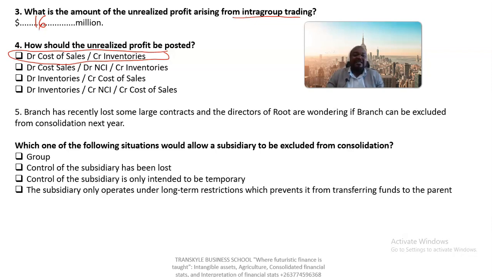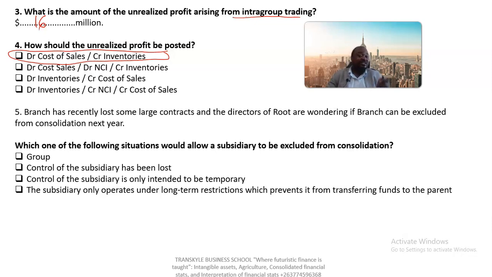And from the choices given, there is only one condition that you need to consider for you to say, I'm no longer consolidating a subsidiary. And that is only and only when you lose control of that subsidiary.